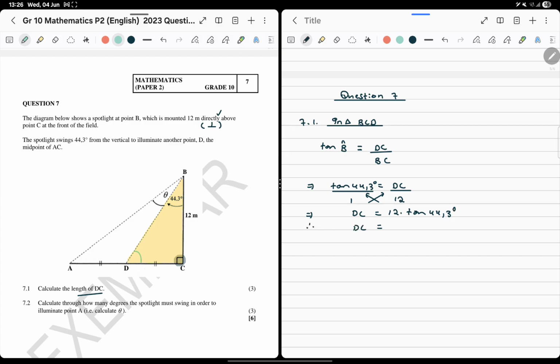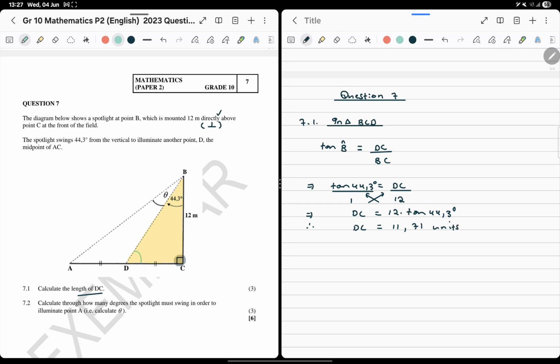Therefore, DC is what we get. So this is nothing but calculator work: 12 times tan 44.3. So what matters is knowing how to use the calculator. Remember nobody said what decimal points we must use, so we're going to say this is 7.1 using the general instructions.